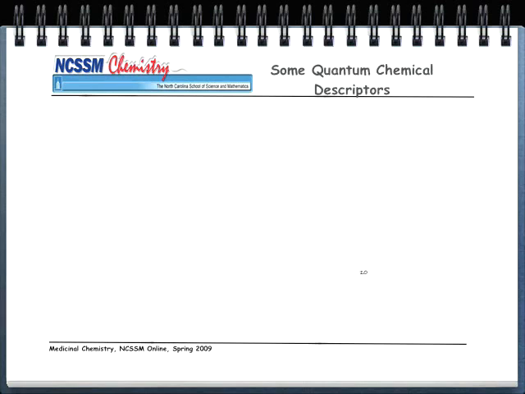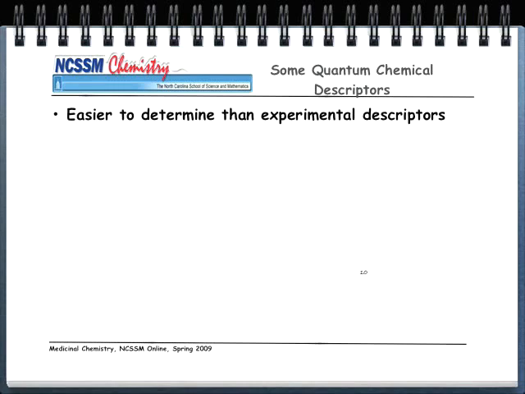There's also a number of quantum descriptors, and these are certainly easier to determine than experimental descriptors. Those of you who took computational chemistry understand this. You were able to build molecules and run a number of computational calculations that would give you a number, and getting that same number or a related number in the lab requires a lot more time and effort and expense.